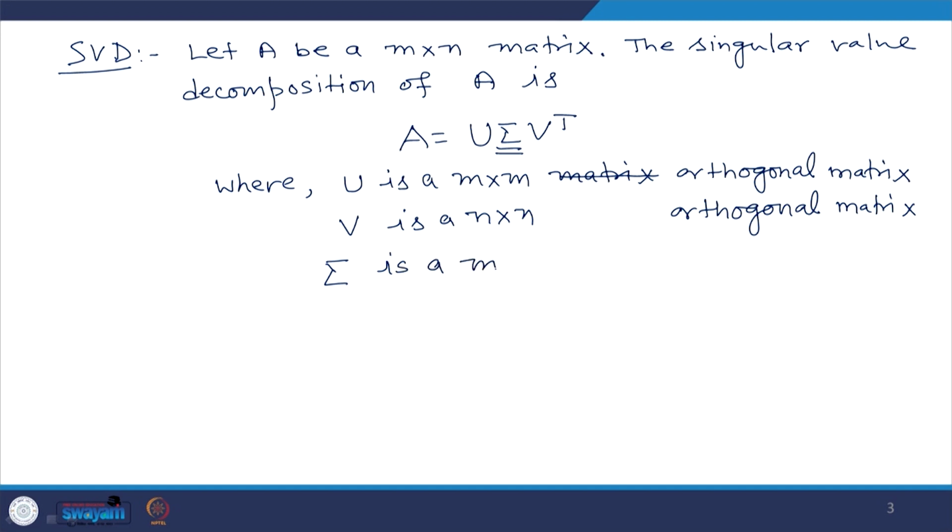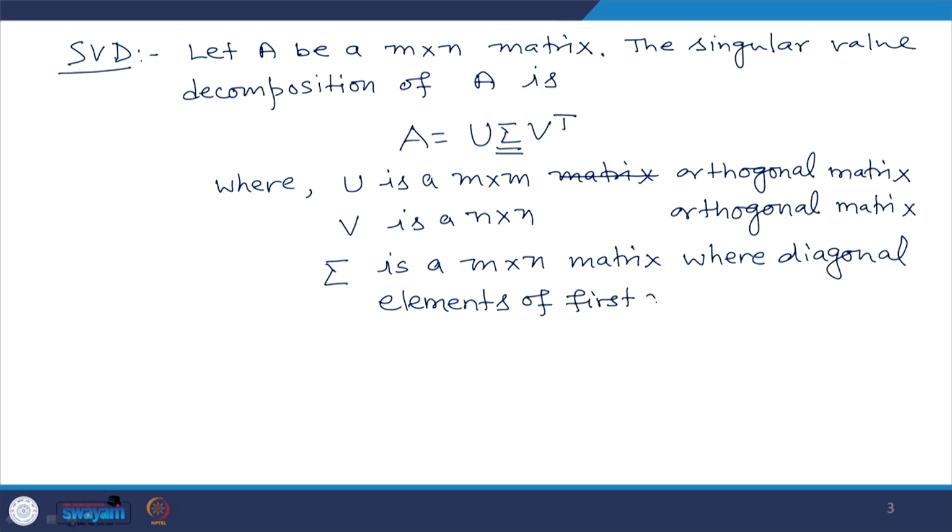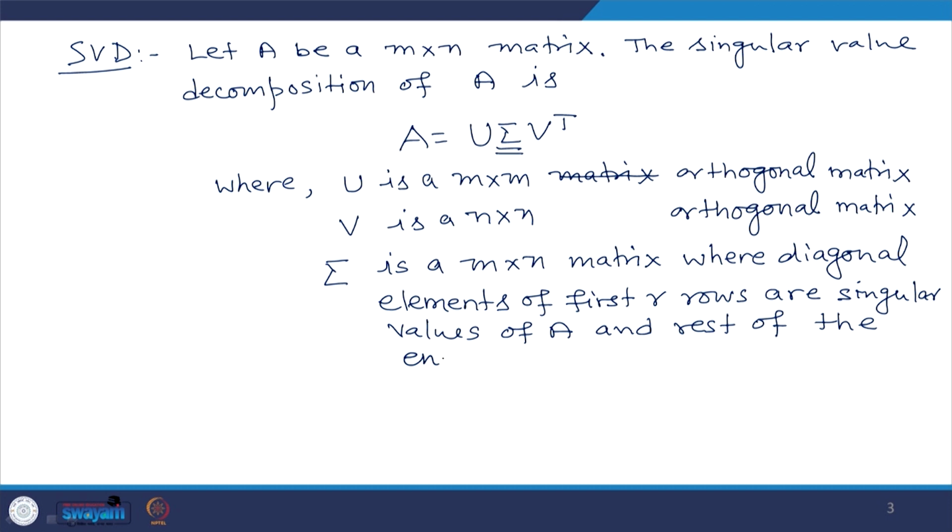Sigma is an m by n matrix where the diagonal elements of the first r rows are the singular values of A and the rest of the entries are 0.